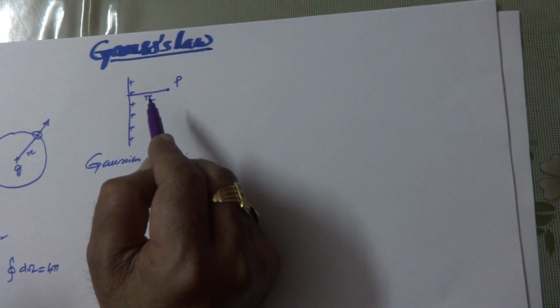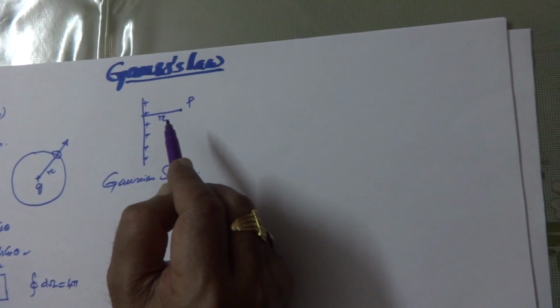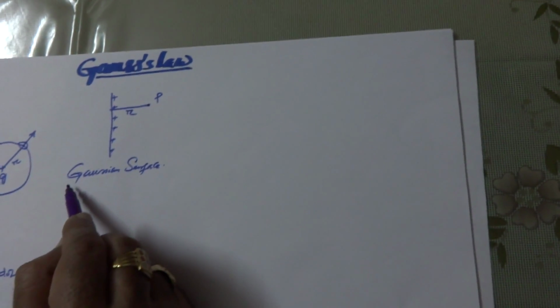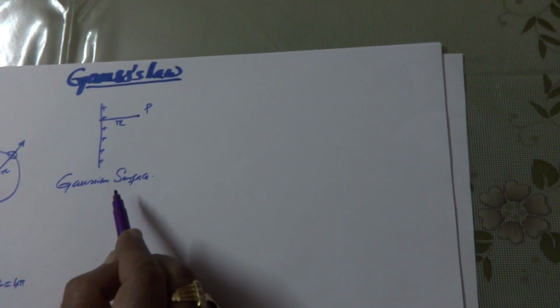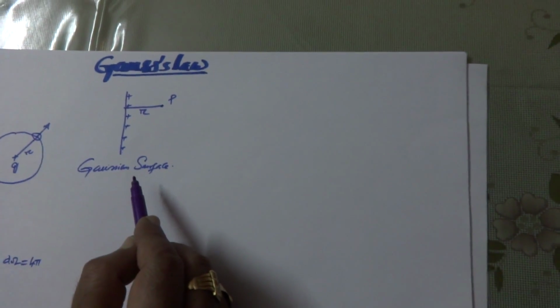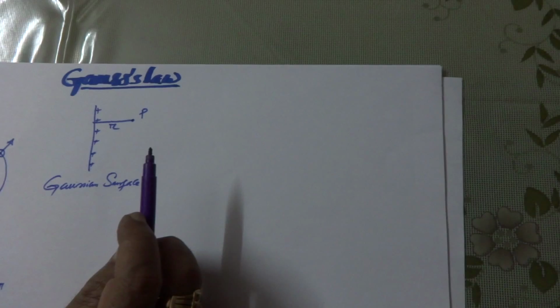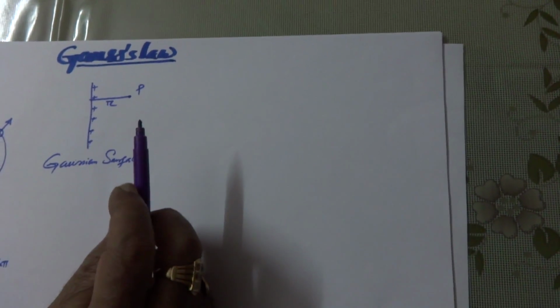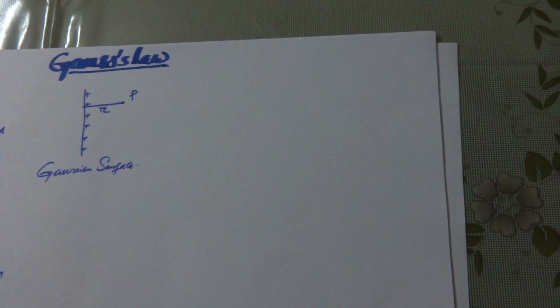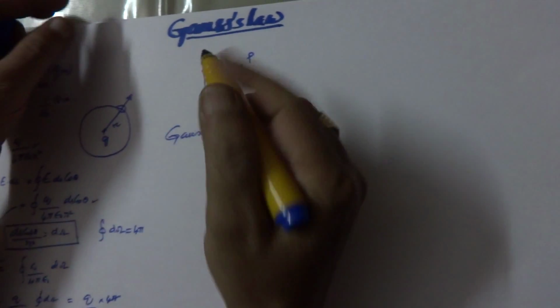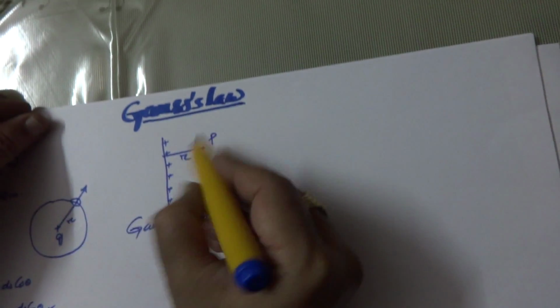So when compared to Coulomb's law, Gauss law is very simple. The simple step is, first of all you have to imagine the Gaussian surface, which should pass through the point of interest, and that Gaussian surface should always be symmetrical. If it is symmetrical, it's very easy to deal with. Now let me take the Gaussian surface here in this case as a cylinder.